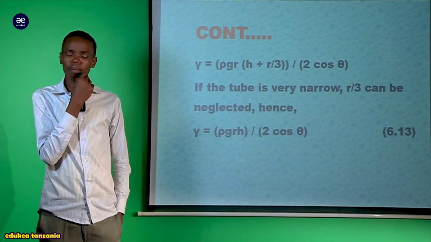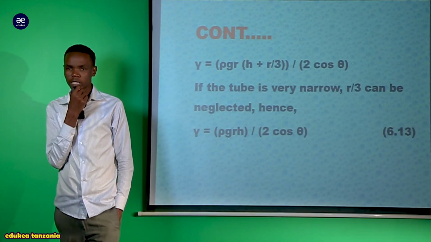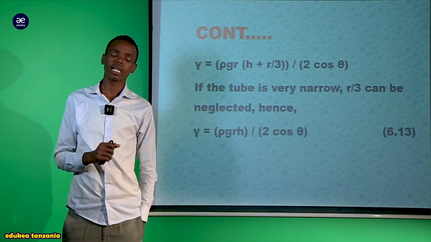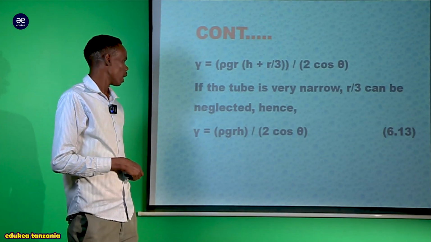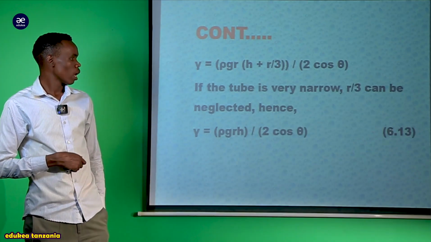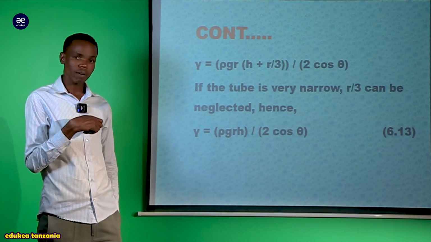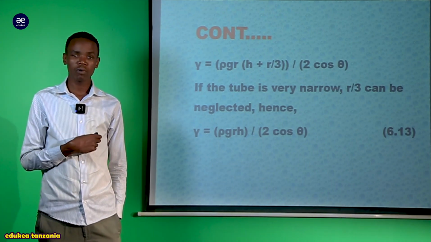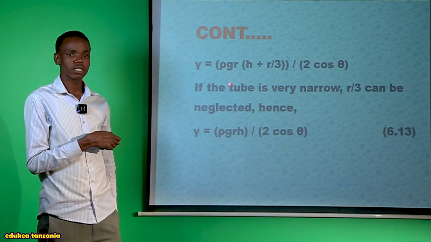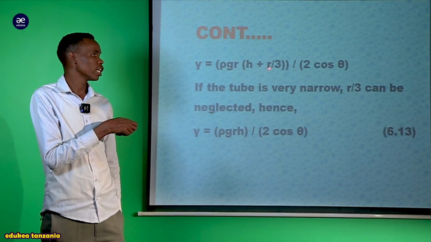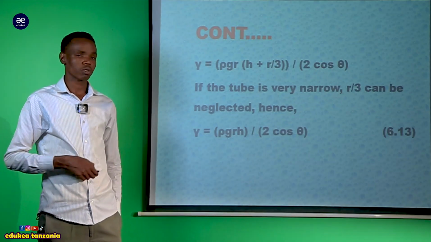Now after this, because the aim of doing this, my dear student, is to obtain the surface tension, to know how we can measure the surface tension using the capillary. If we simplify more and more, my dear student, we should obtain that the surface tension of the liquid using the capillary tube is equal to density times g r, bracket h plus r over 3, then we divide by 2 cosine theta.